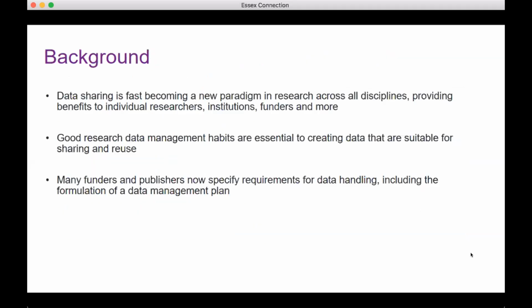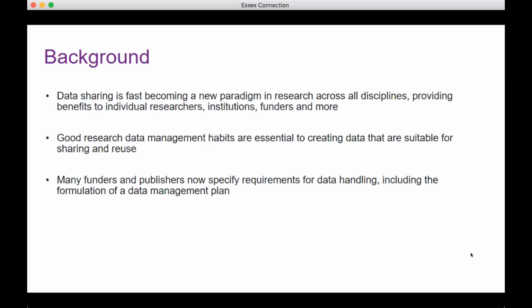Okay, so a little bit of background. Data sharing, as I'm sure you know, is becoming more and more important across multiple disciplines because it provides benefits not just to ourselves as researchers, but also to our institutions, our funders, and the general public more widely.